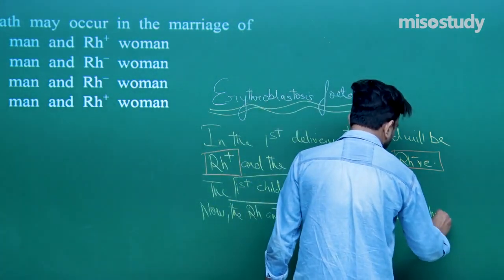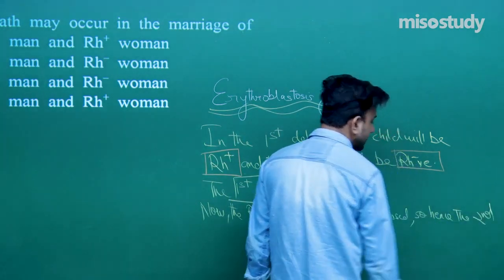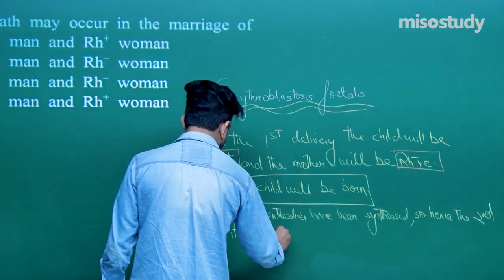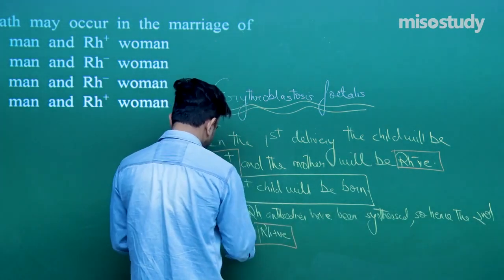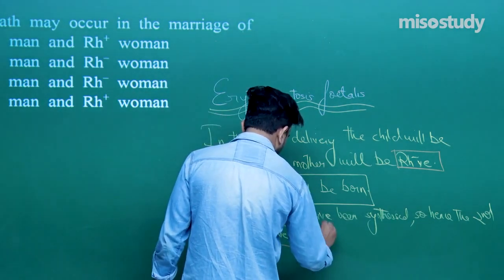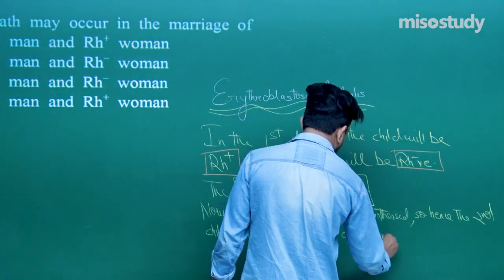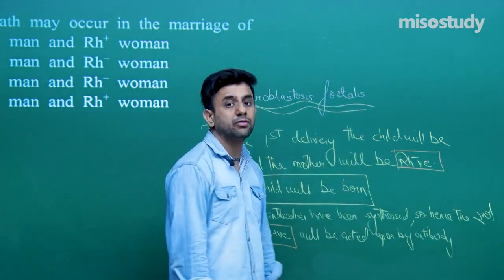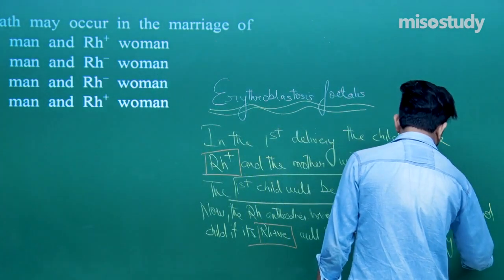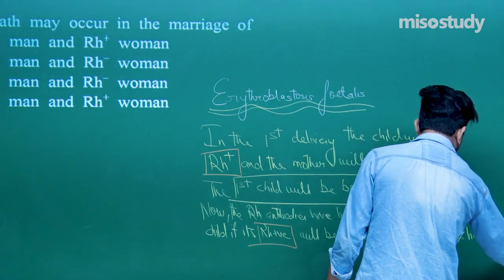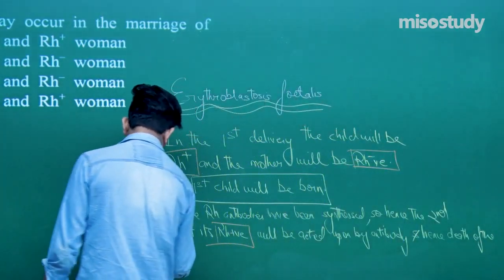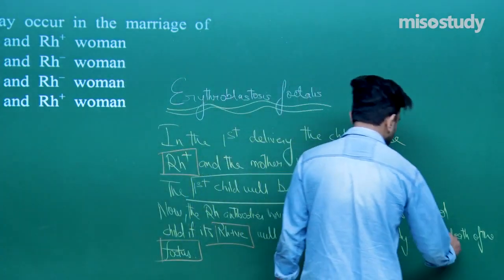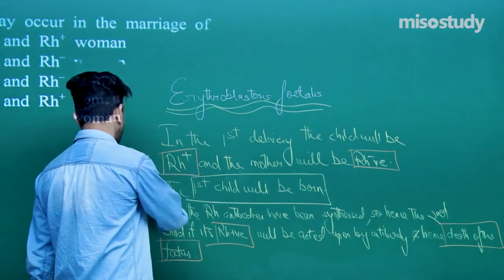So hence the second fetus, the second child, if it is Rh positive, will be acted upon by the antibody, and there would be death of the fetus, right.